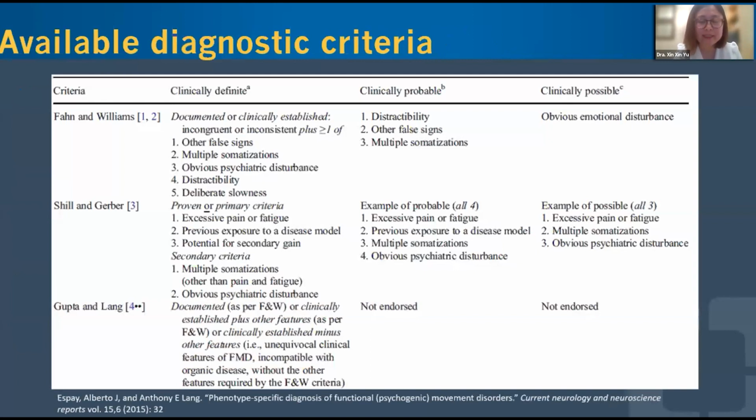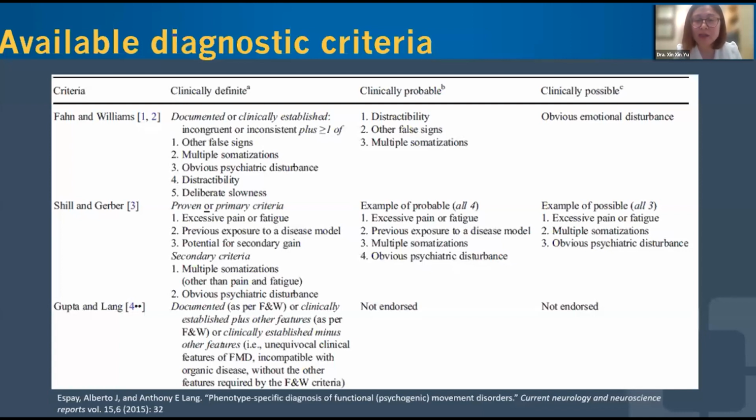The Fahn and Williams criteria have been the most common tool used in a lot of clinical and research settings. It emphasizes inconsistency and incongruency, and also historical clues and the presence of emotional disturbance.